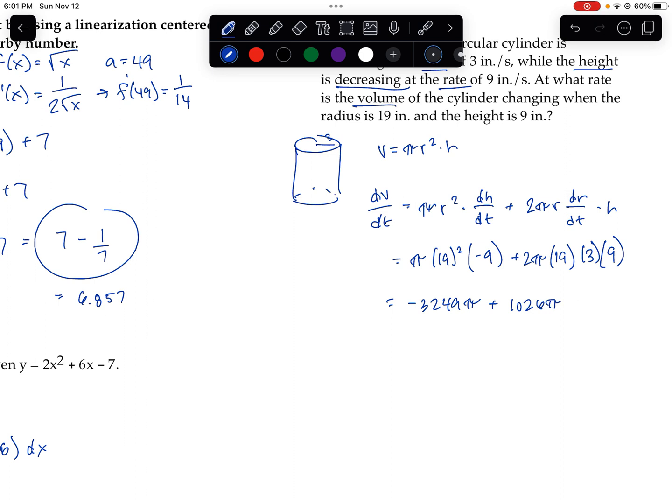So if we add those, we get negative 2223 pi inches cubed per second. Don't forget units, okay?